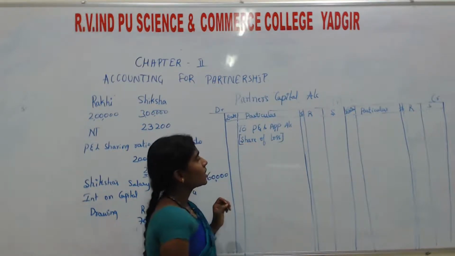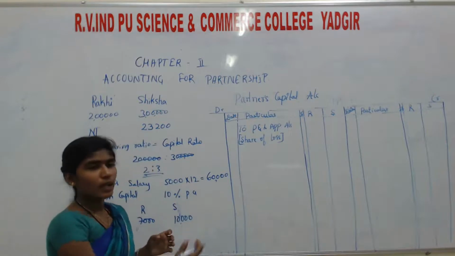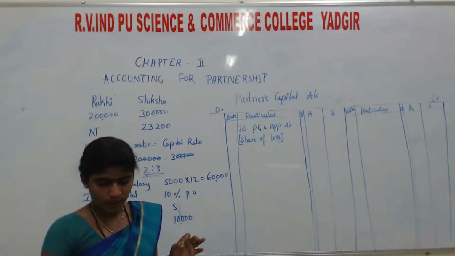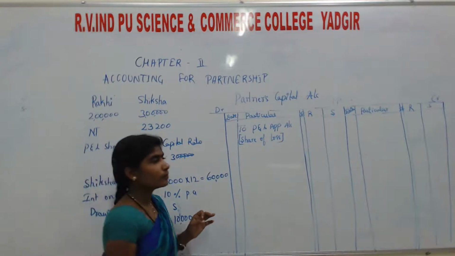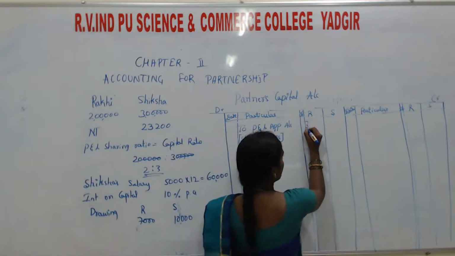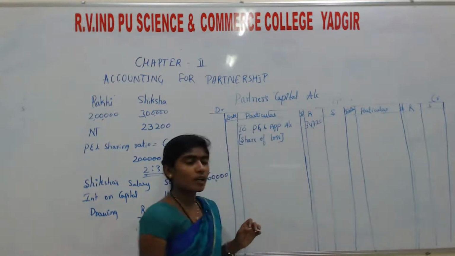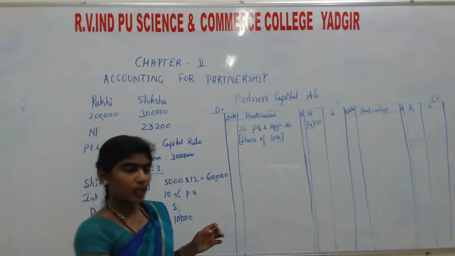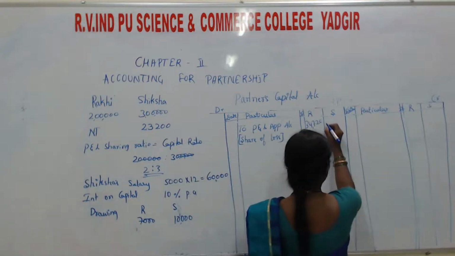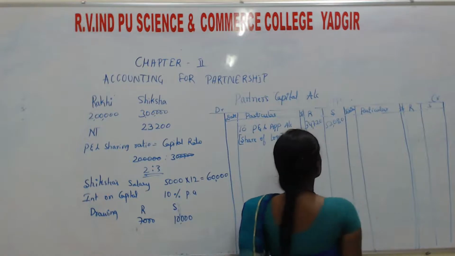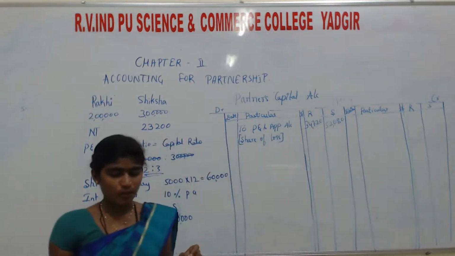What is the share of loss of Rakhi? 34,720, no? Then Shiksha's loss of 52,080. It is the first information.